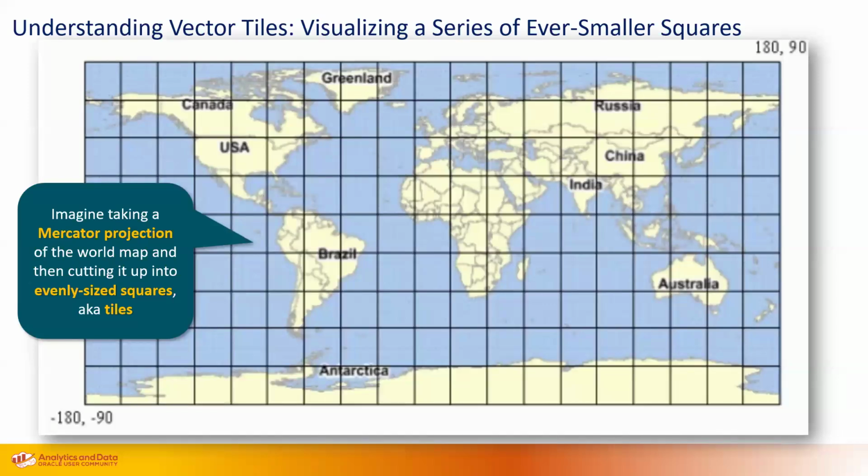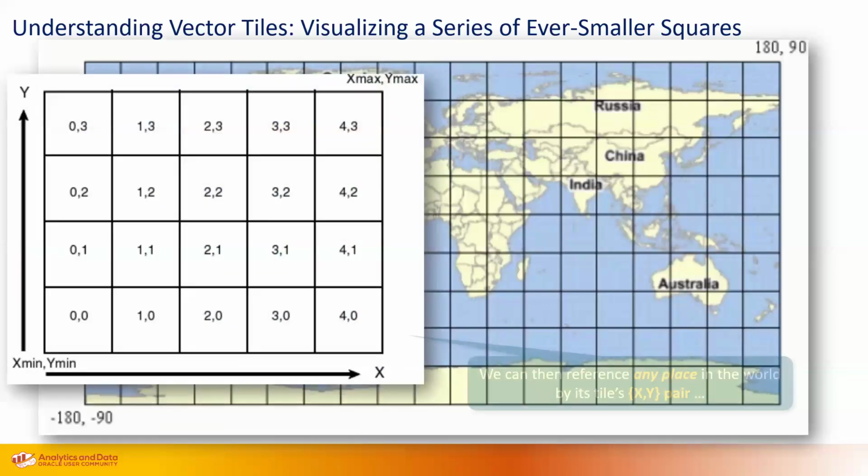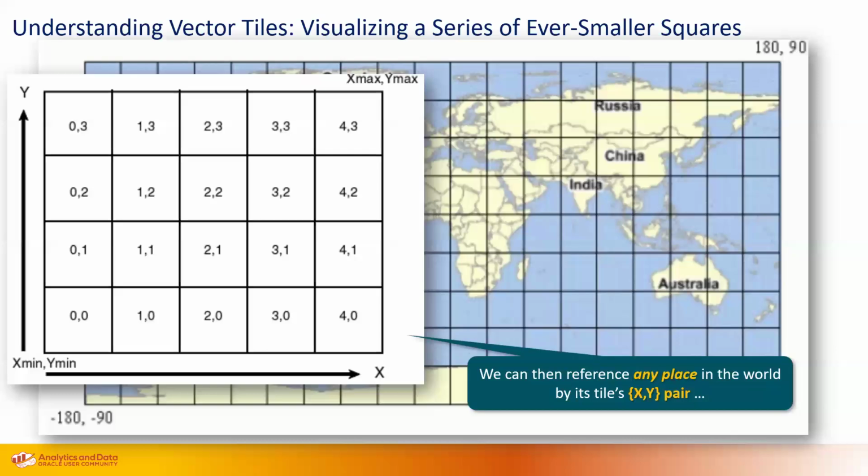So imagine we cut these up into evenly sized squares, right? What could we do with that? Well, here's what we could do. Imagine that there are evenly sized squares representing every single place on the face of the planet.